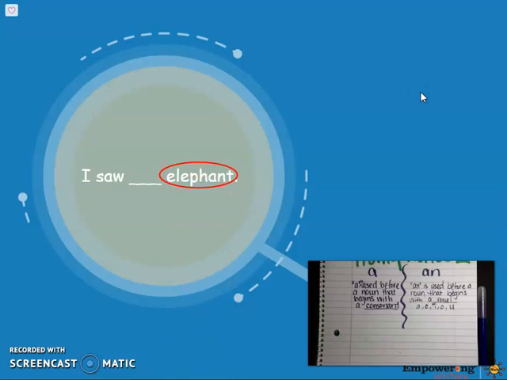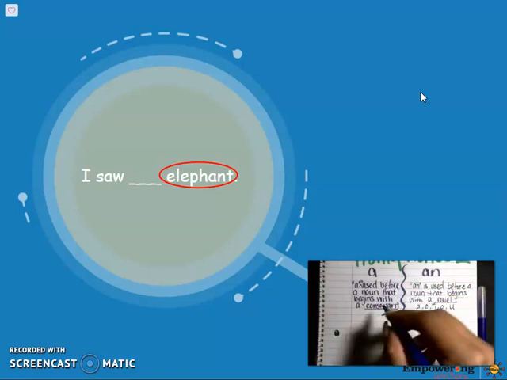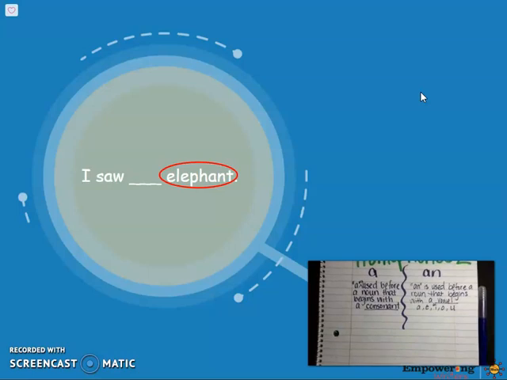If the sentence is, I saw an elephant, or a elephant, we're trying to figure out which one of these we would use when the noun is elephant. So is the noun beginning with a consonant? Or is that noun beginning with a vowel?